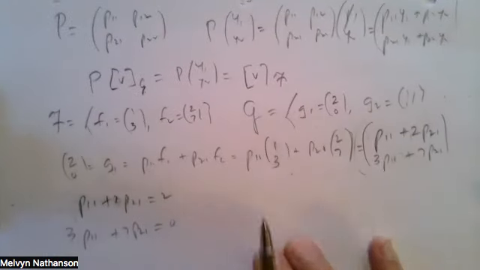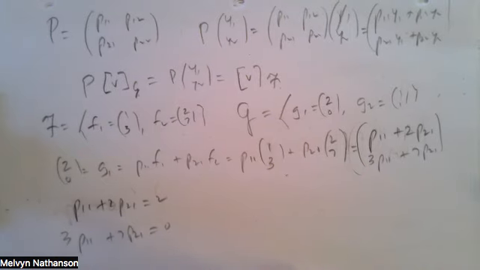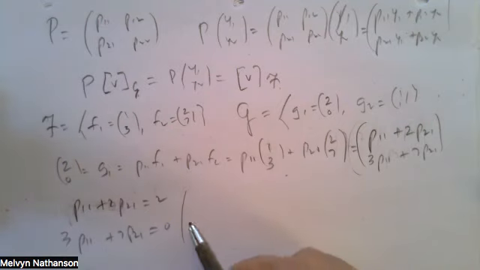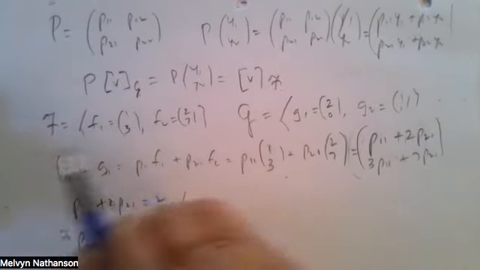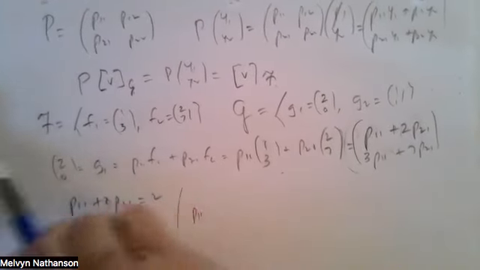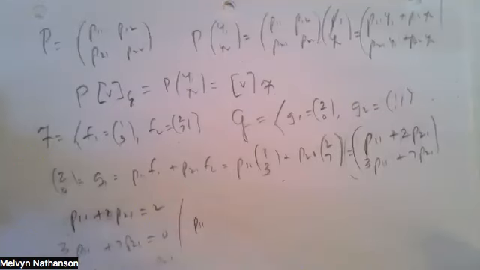Any way you want to solve it is okay. If you use, for example, the determinant formula, the determinant of the coefficient matrix of this system of equations is 1 times 7 minus 2 times 3 equals 1.